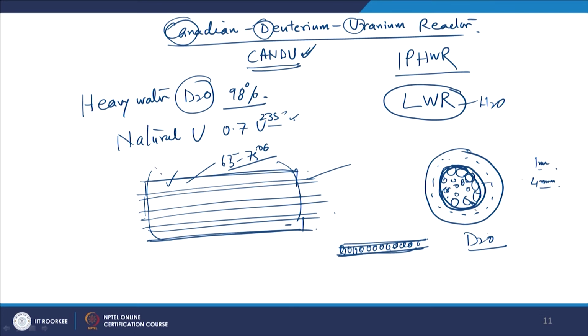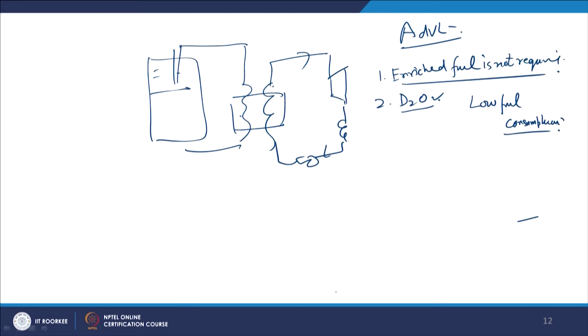Then there is a pressure tube, surrounded by the Calendria tube, and then the Calendria vessel. So the level of safety is higher in the Candu type of reactor. Less time is needed for construction.